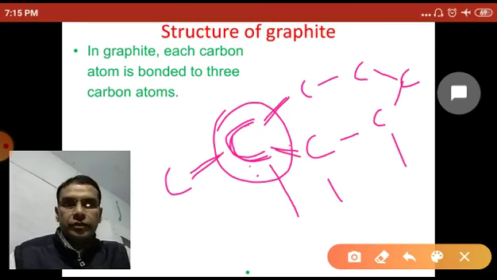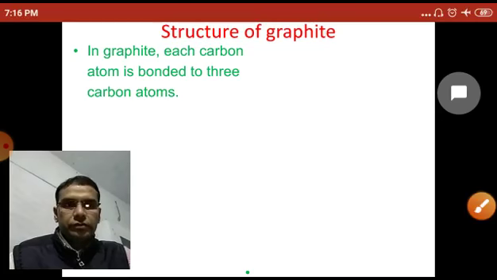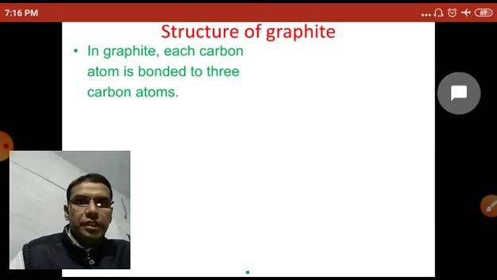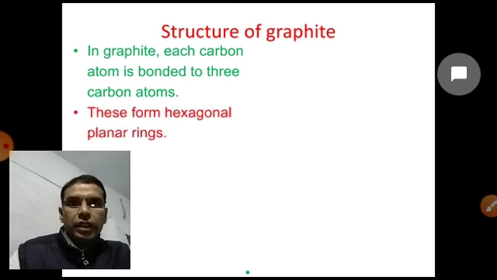That's why graphite is slippery in nature, because one hexagonal ring of graphite slides on the other hexagonal rings due to the weak van der Waals force between them. That's why graphite is slippery in nature.